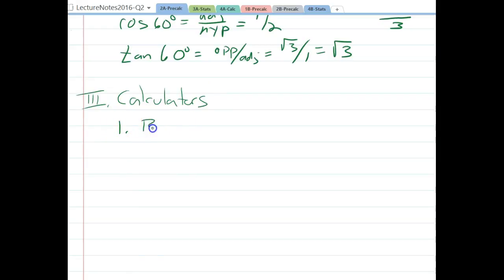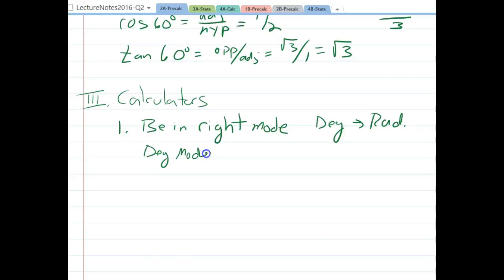Number 1, we have to be in the right mode. On your TI-84, you can change the mode from degrees to radians, depending on what units your angle measurement is in. So if I put my calculator in degrees mode, and I press the tangent button, and I enter in the number 45, my calculator is going to assume that I mean 45 degrees, and it's going to give me the answer of 1.